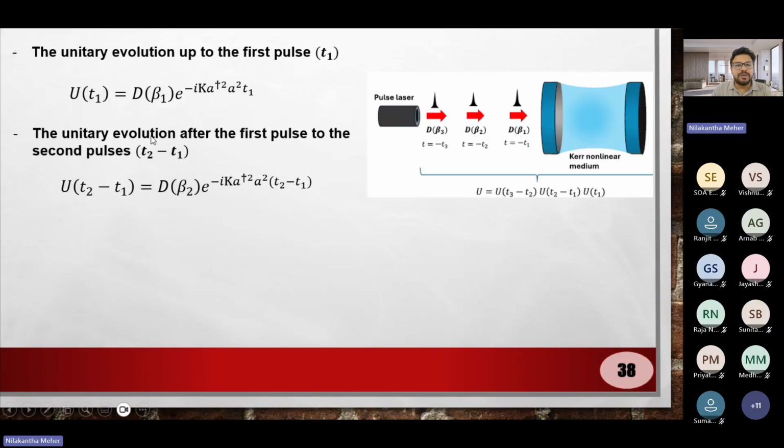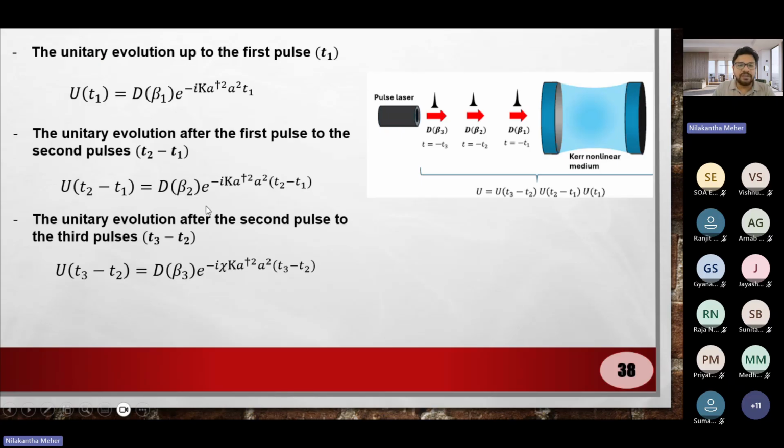Now, if I see the unitary evolution up to the time T2 minus T1, in between, that is again free evolution with the Kerr term, and again the driving amplitude will be d beta2. The second pulse has gone at time T2. So this is the first pulse d beta1, again freely evolved, that is Kerr unitary evolution. Now in the third unitary evolution, the cavity again evolves for some time, T3 minus T2.